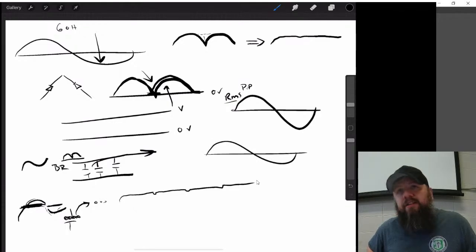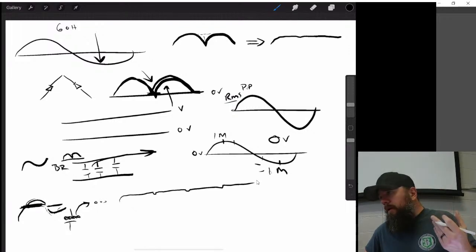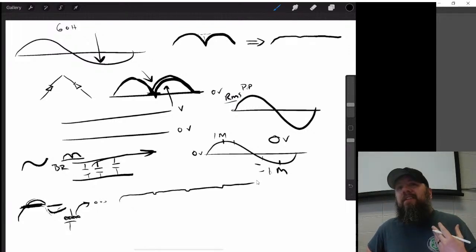If you add a sine wave together with itself, so it's going around 0 volts, even if it goes up to 1,000,000 volts and down to negative 1,000,000, for every million we've got a negative million. For every 500,000, we've got a negative 500,000. So that always winds up being 0 volts when you average a sine wave that goes around 0 volts. That doesn't give us a good indication of the amount of power that's there for us. So we use what's called root mean squared.